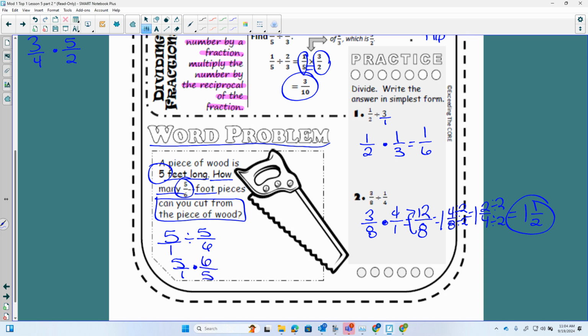Here, I have 2 5s that are opposite each other. They can both be divided by 5 and they turn into 1. So then I get 6 over 1 when I multiply, which just gives me 6. But this is a word problem, so what is my sentence? You can cut 6 pieces of wood.